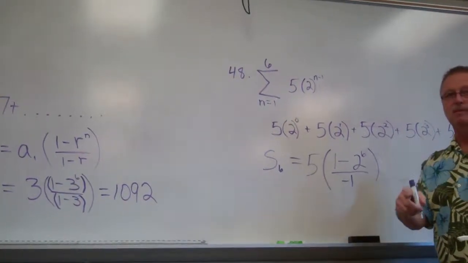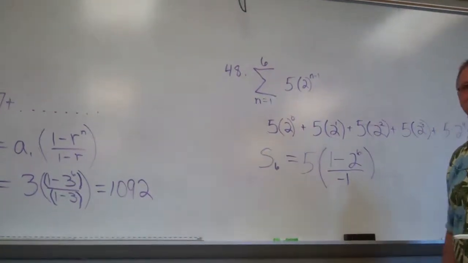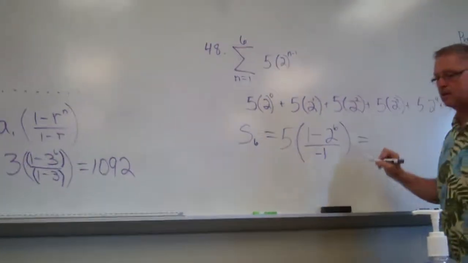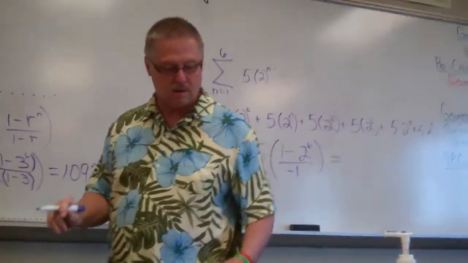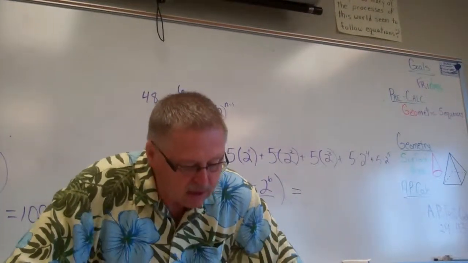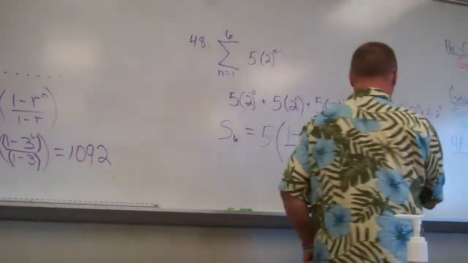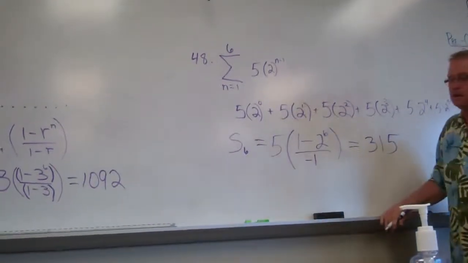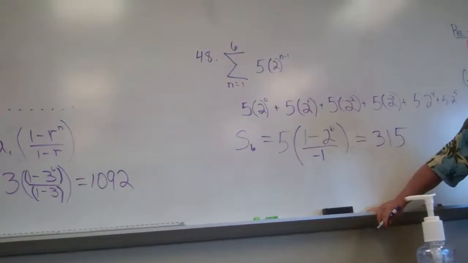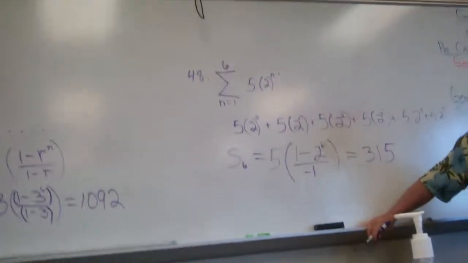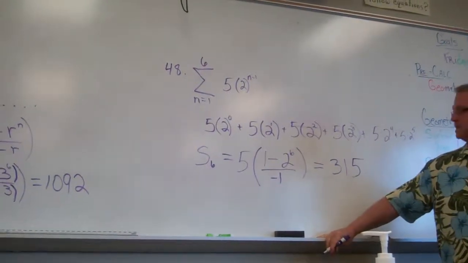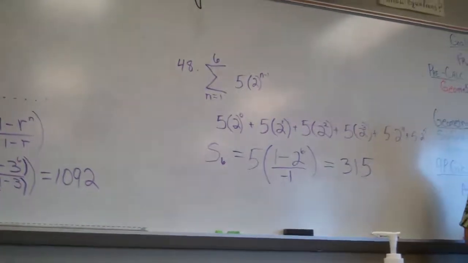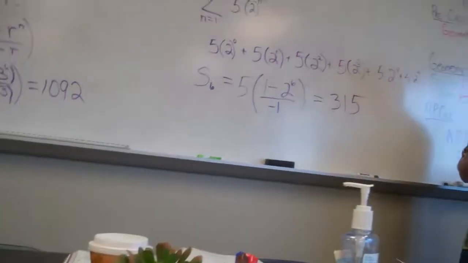Punch that up and see if you can match the answer book for number 48. We'll see if we do a little better this time. It took them several tries last time. Got it. Connor bangs up a 315 on the first shot. How about the rest of you? Yes, sir.